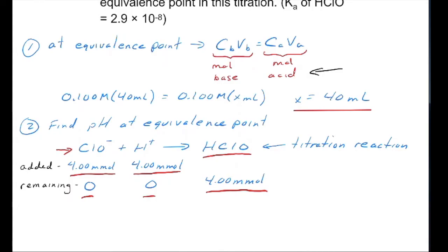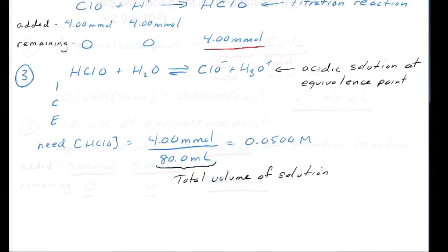Now this calculation becomes a weak acid calculation. The next step is to write out the reaction between the weak acid and water: HClO plus water producing ClO minus plus H3O plus. And since H3O plus is produced as a product, this solution is going to be acidic at the equivalence point.